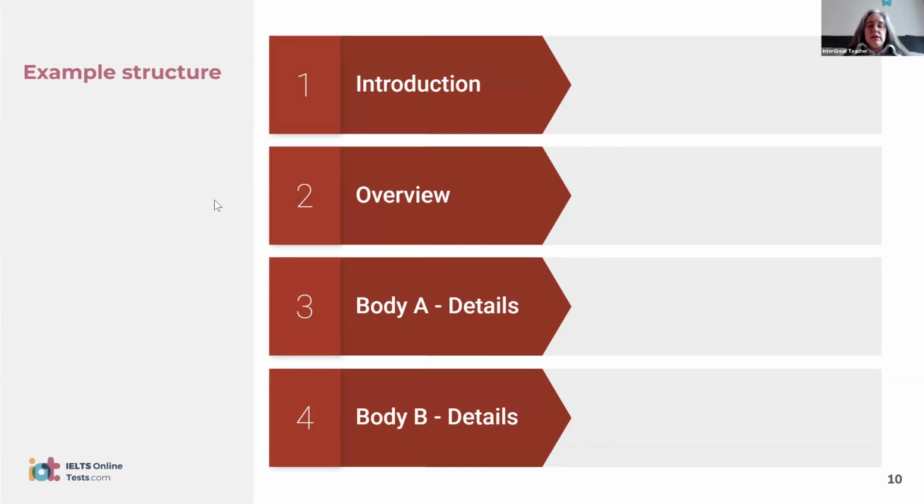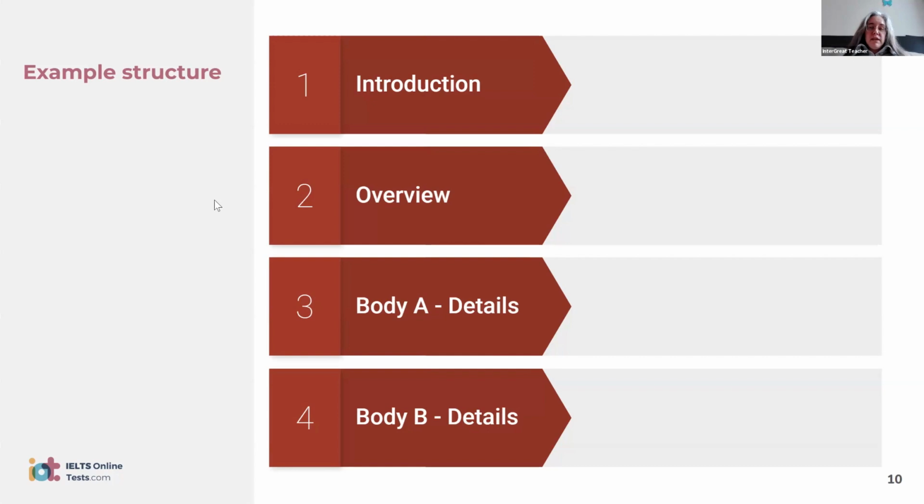You can see here that the main body has been separated into 2 parts. But it's important to know that the number of paragraphs that you have in the main body depends on the information that you are presented with.